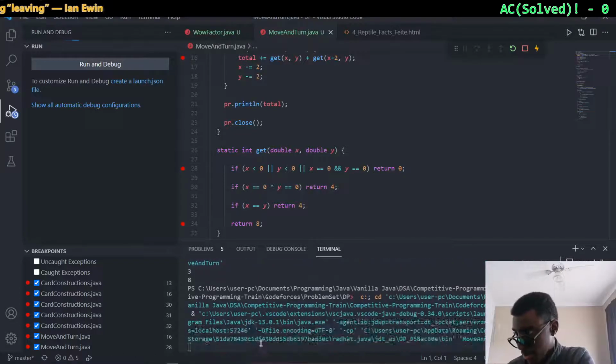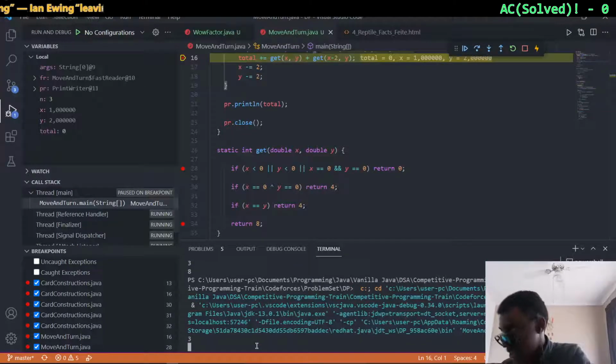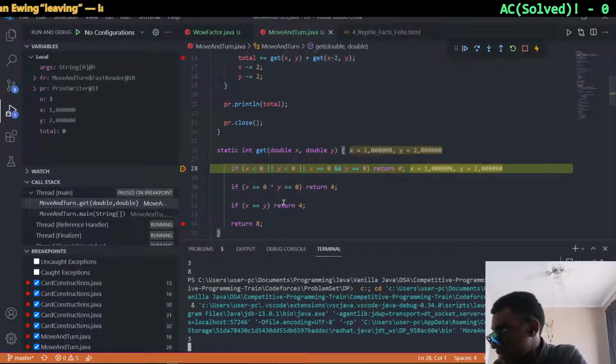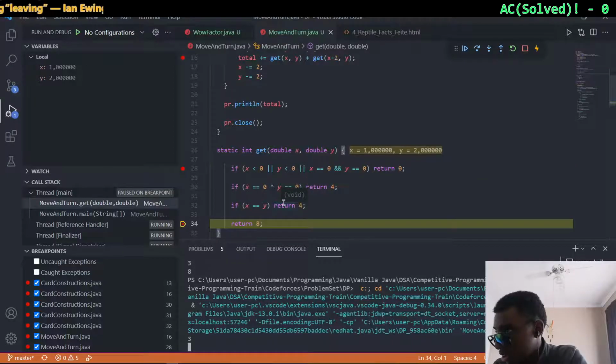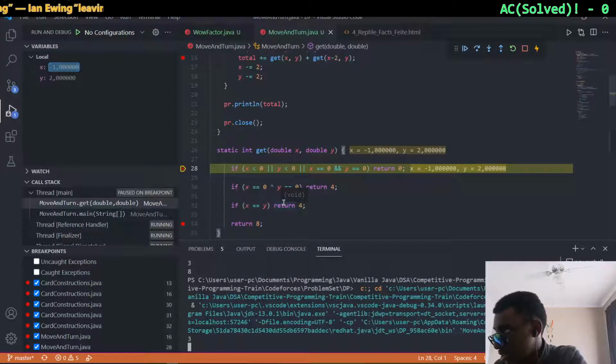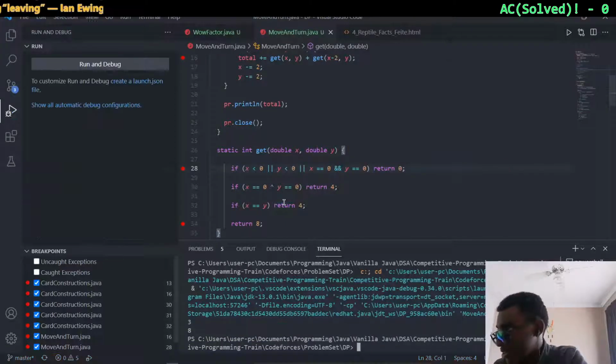Sorry about this problem, man. But it's the fun part. We're gonna fix it. Right? So 1, 2 returns 8. Perfect. Oh, I'm not even counting negative 1. Wow.